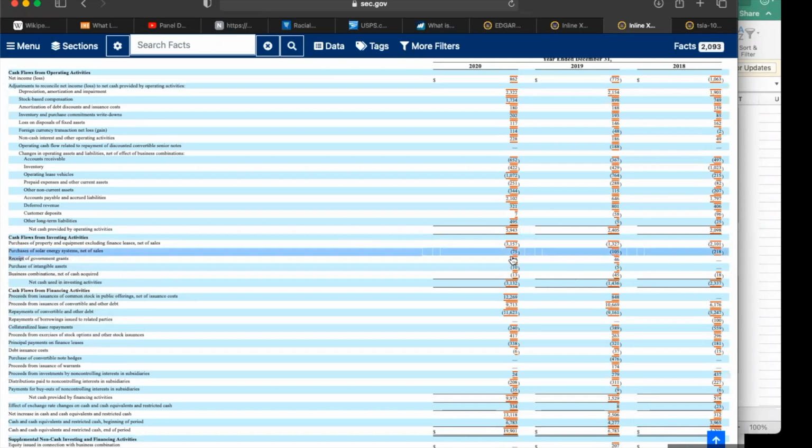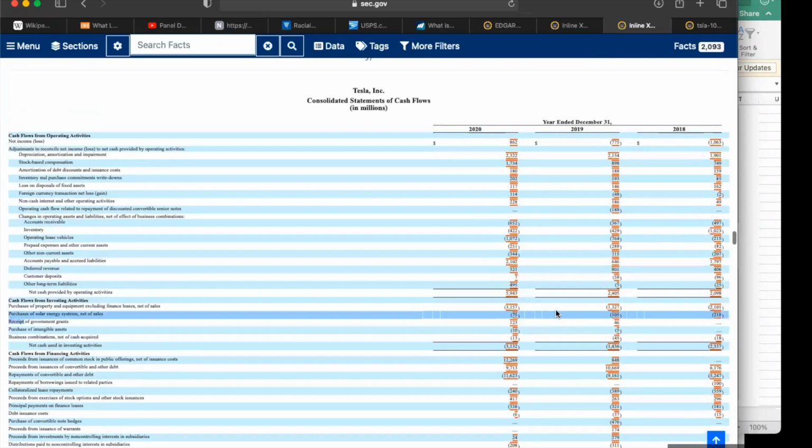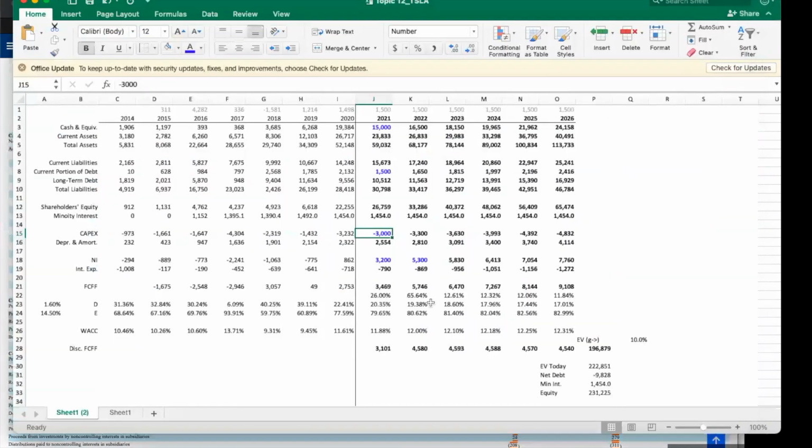So I just made the simplifying assumption that's something that they would have to do on an ongoing basis, and so I included it as part of CapEx. Have CapEx grow by 10% every year. That's a cash flow, not an expense. Again, simplifying assumption, have depreciation and amortization grow by 10% every year.